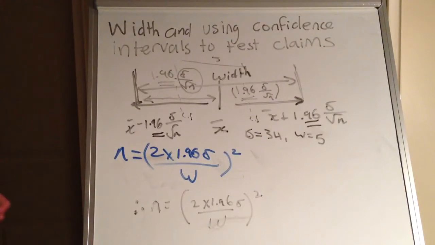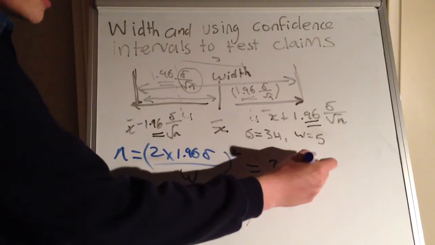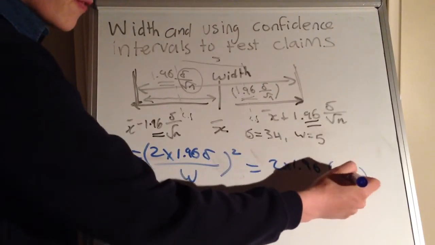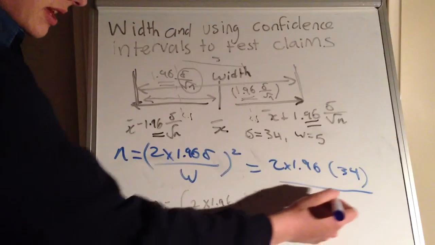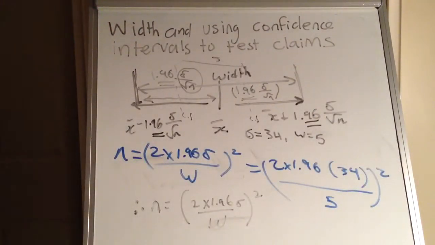So in order to calculate this, we simply go that N equals (2 times 1.96 times sigma 34 over 5) squared. Now remember to use brackets. It's incredibly important because that whole expression is raised to the power of 2, not just part of it. So we grab a calculator and go through the process. When you're typing that into a calculator, the best thing to do is have an open parenthesis first, and then use a fraction bar.